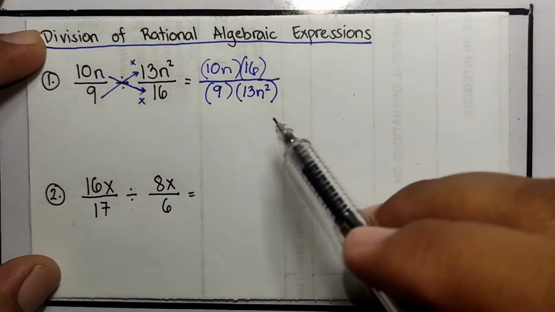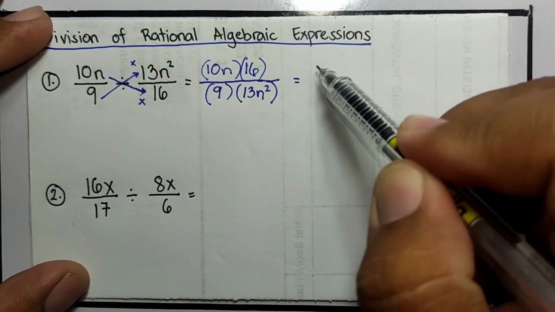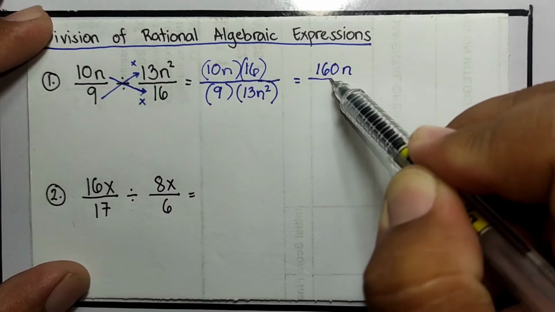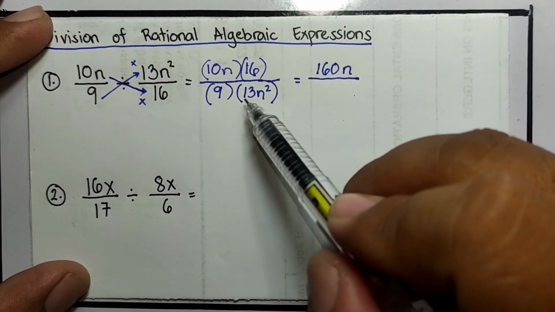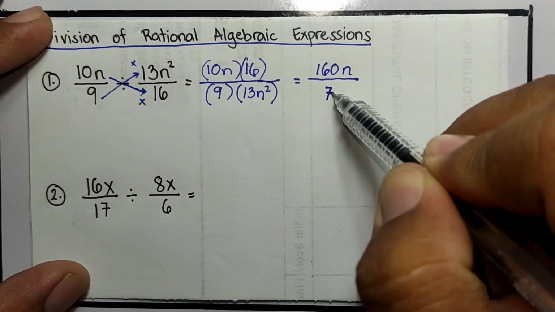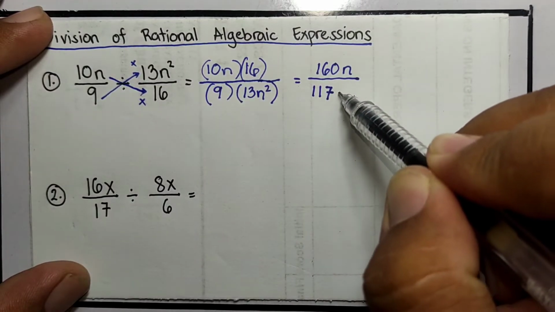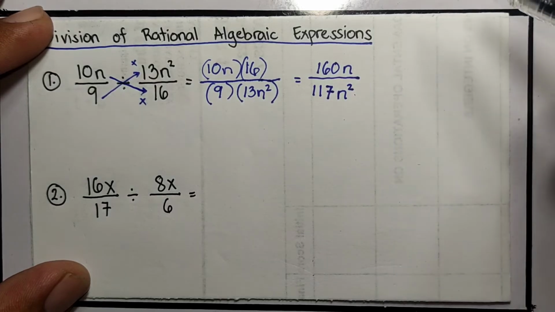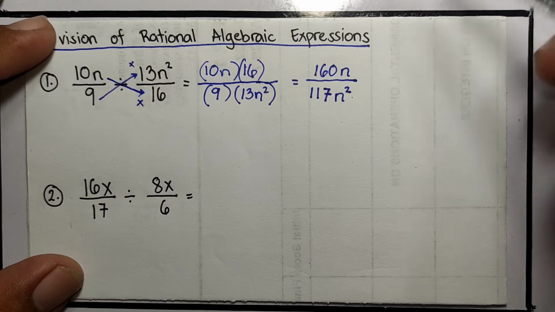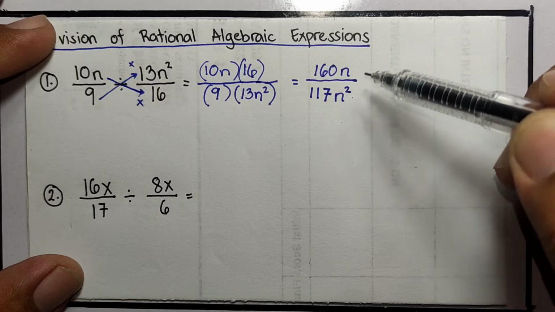Then 10 times 16, you have 160, and then n, over 9 times 13, you have 117n squared. So 160n over 117n squared.